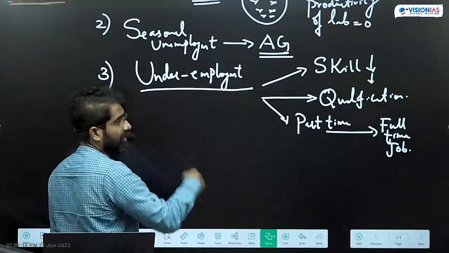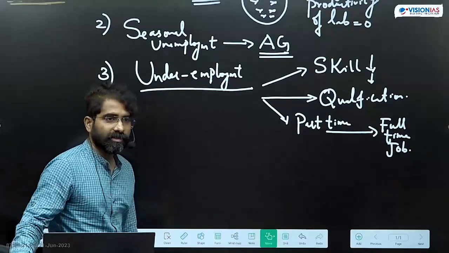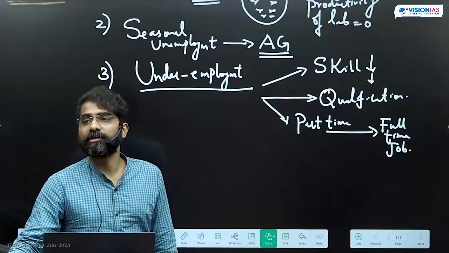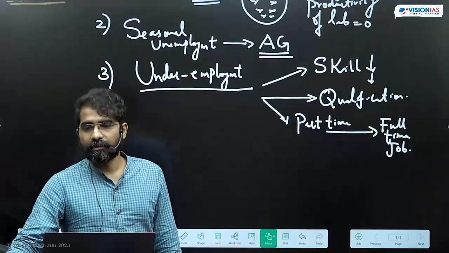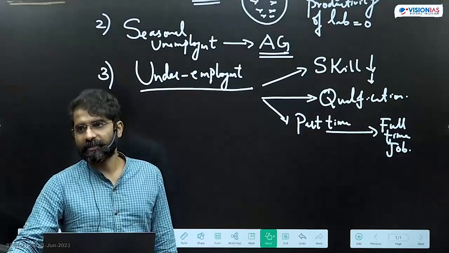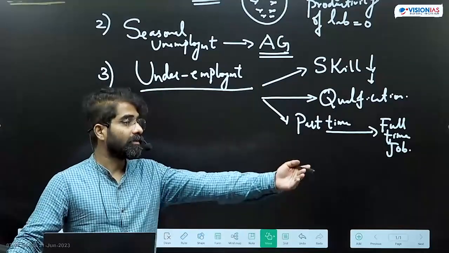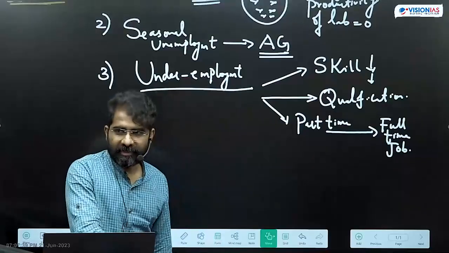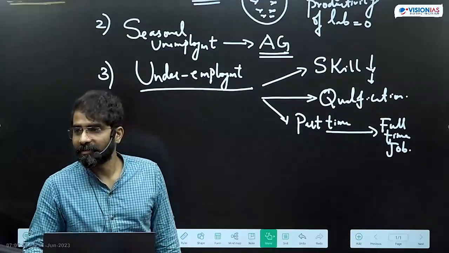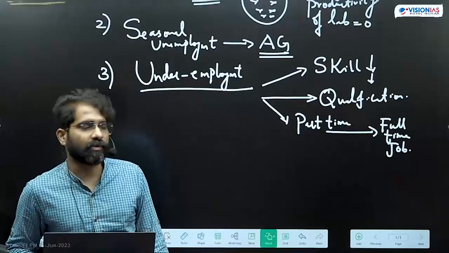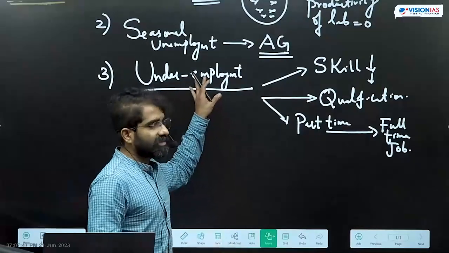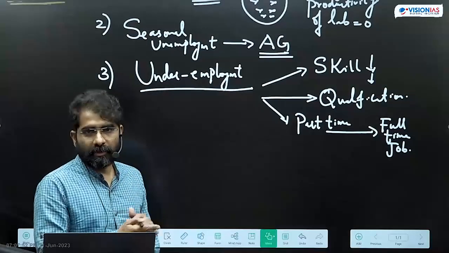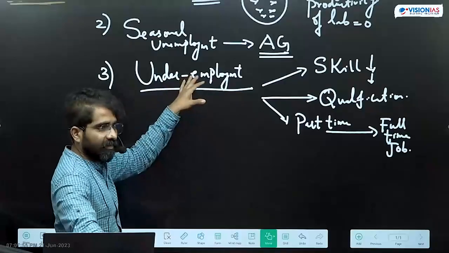What is the main reason for underemployment in India? Low vacancy, poverty, improper planning, skills. Most important, poverty is a challenge: the family pushes him into taking whatever job comes.